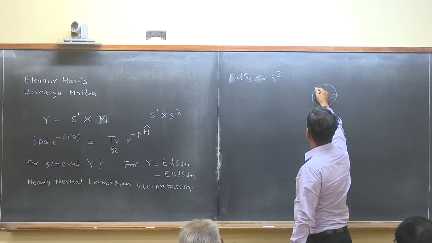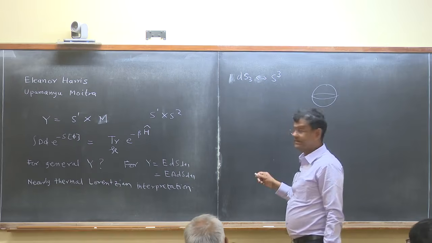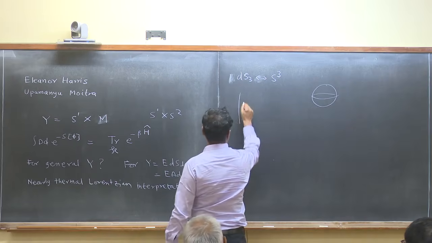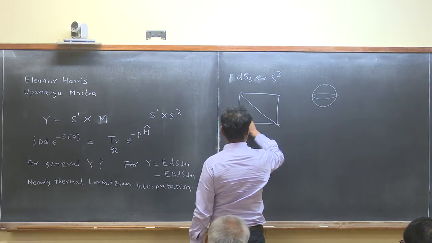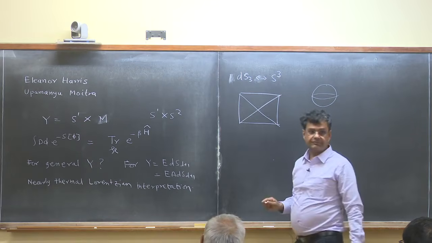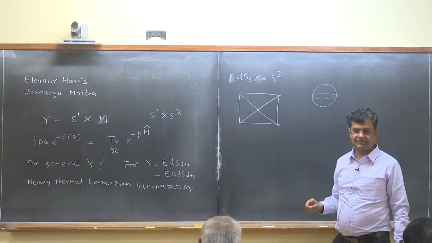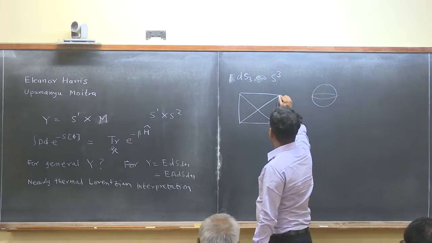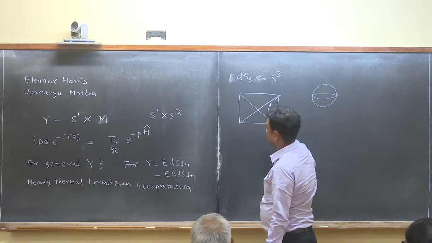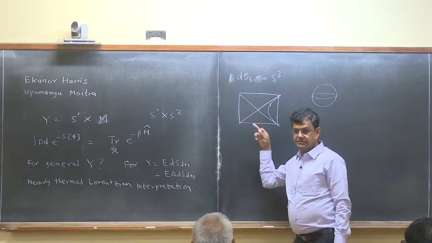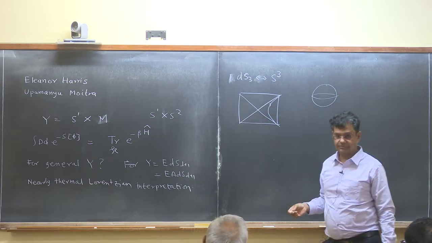And you can imagine slicing it in a certain way. Suppose everybody is familiar with the Penrose diagram of de Sitter. This is the static patch of de Sitter and a static observer going like that. This is one of the generators of the de Sitter group.